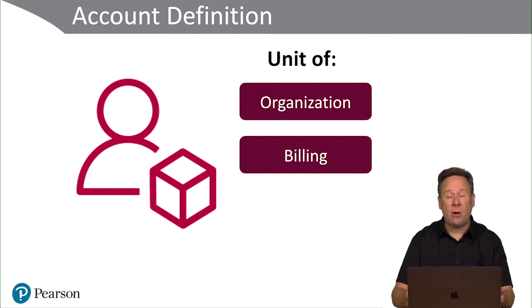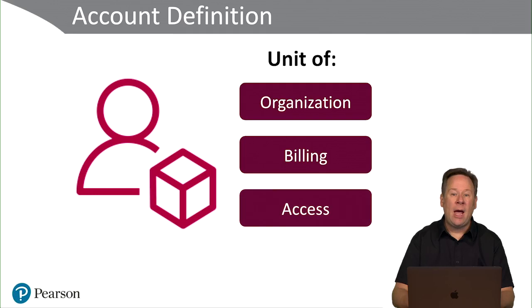There are features for consolidating the bills, but it is an atomic unit of where the bills come from. And it is a unit for access. You can define permissions within the individual AWS accounts to help isolate your workloads and the various operations from each other in that way as well.